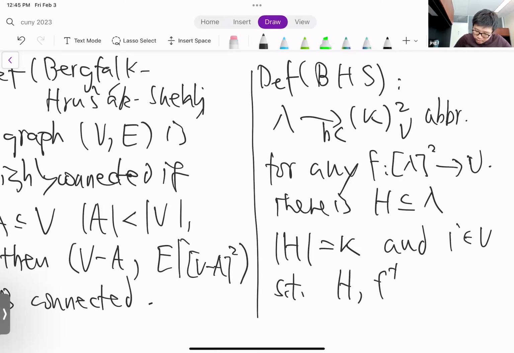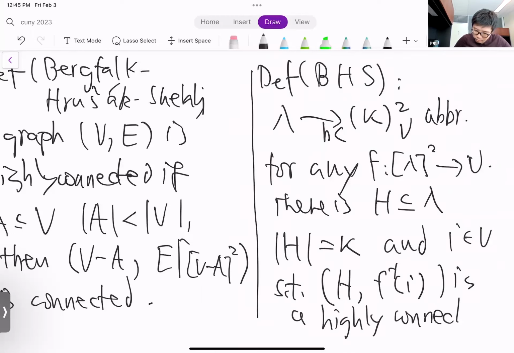So the edges that have this popular color form the highly connected graph.